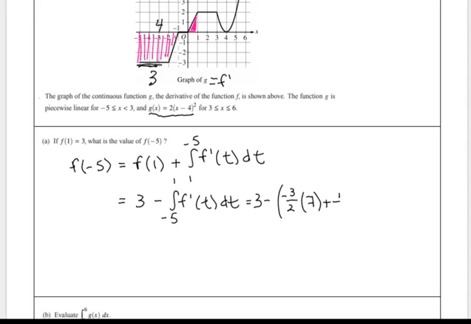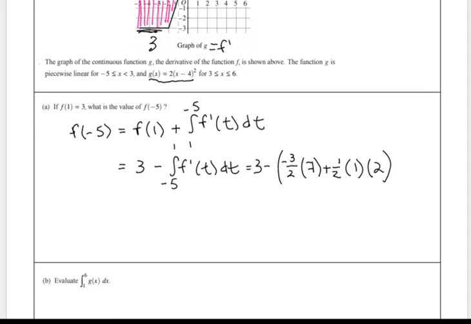So 1/2, the base is 1, and the height is 2. That becomes 3 minus -21 over 2, plus 1. So 3 plus 21 over 2 minus 1. It's really 2 plus 21 over 2, so 25 over 2.